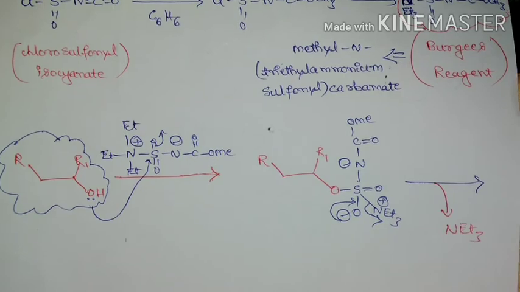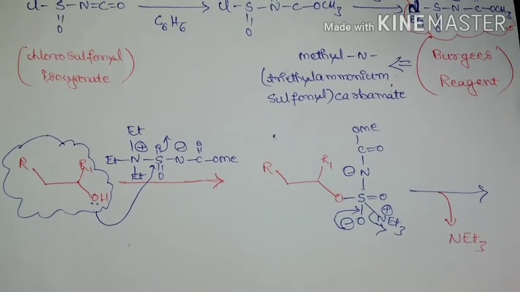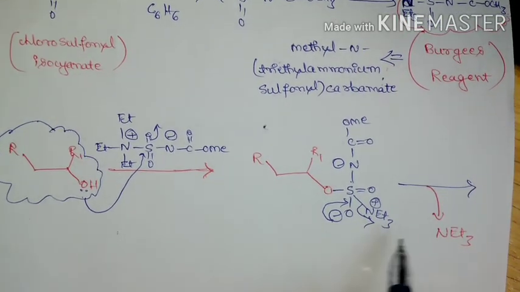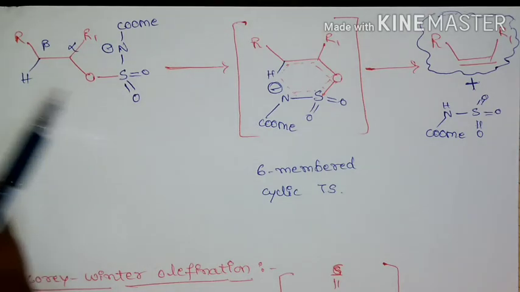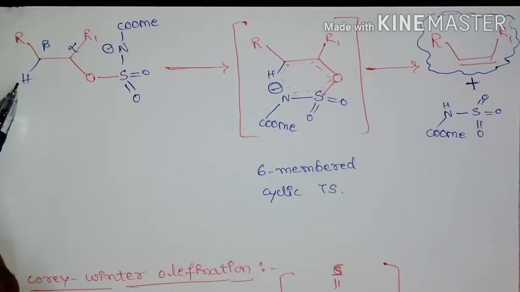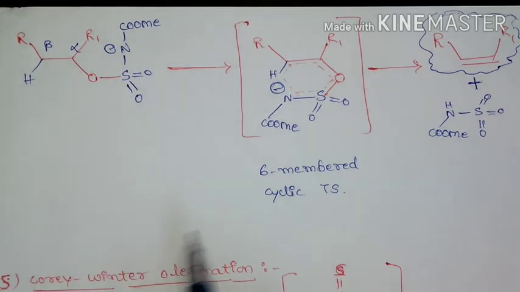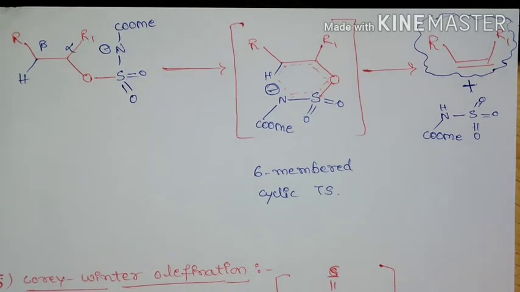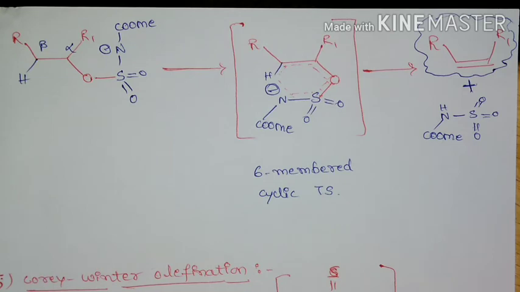If we take a secondary alcohol, it reacts at the sulfur and forms an intermediate, with loss of triethylamine. This intermediate now contains a beta hydrogen. Due to the presence of this beta hydrogen and this group, it shows syn elimination, forming a 6-membered cyclic transition state.